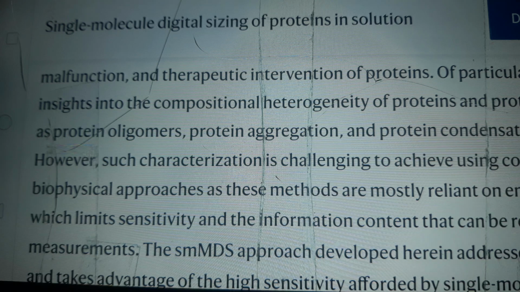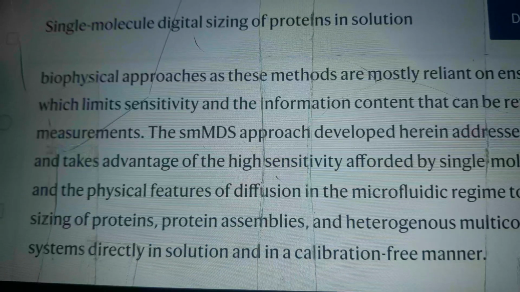However, such characterizations are challenging to achieve using conventional biophysical approaches, as these methods mostly rely on ensemble readouts, which limits sensitivity and the information content that can be retrieved from such measurements.